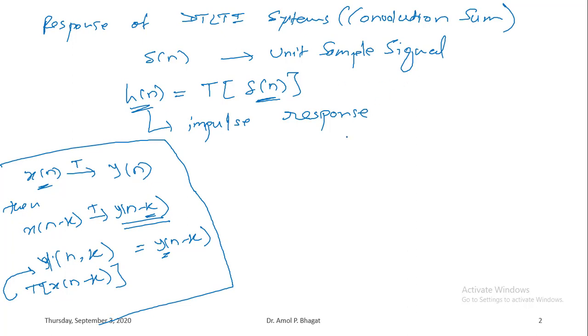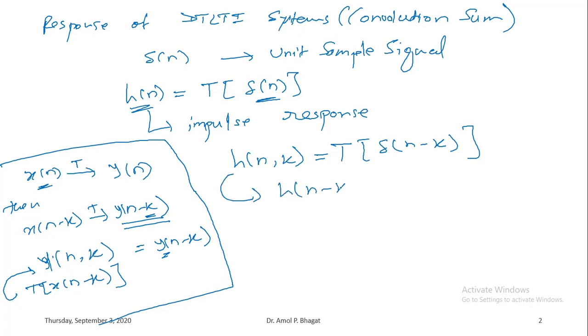But now, if we apply to this system the delayed version of the unit sample signal, then that response can be represented as h of n comma k. But if it is a time invariant system, this response will be equal to h of n minus k.